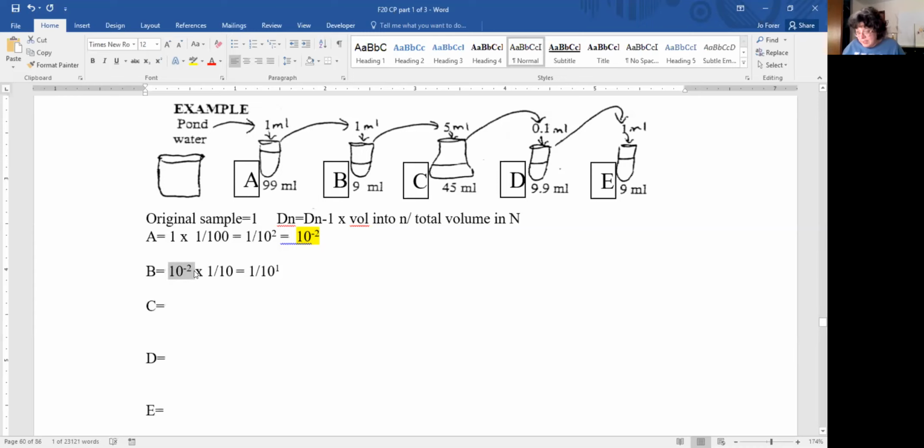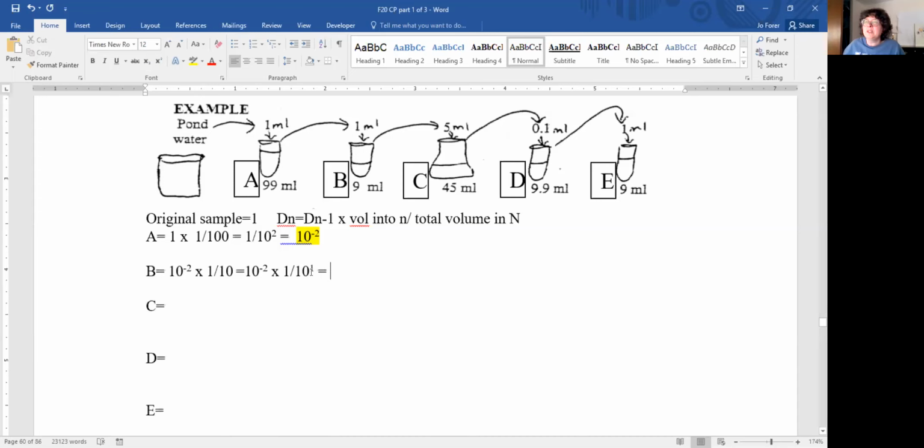So we've got 10 to the negative 2. That was times 1 over 10. But we said that's the same thing as 10 to the negative 2 times 1 over 10 to the first power. Once again, I don't really want this fraction.